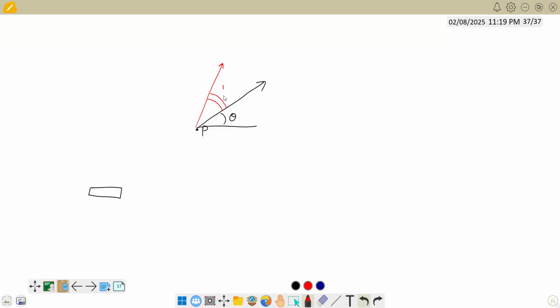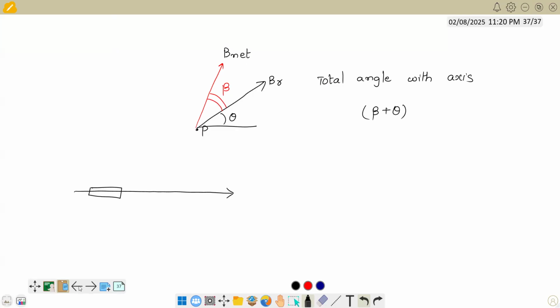This would be my theta. So the total angle with the axis would be beta plus theta, with the horizontal axis, like with this. If you want the total angle with the axis, it would be beta plus theta. This is B radial, this is B net.